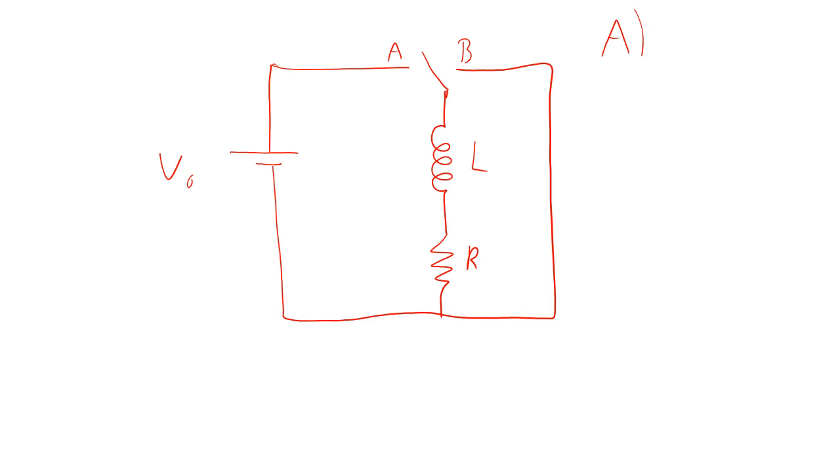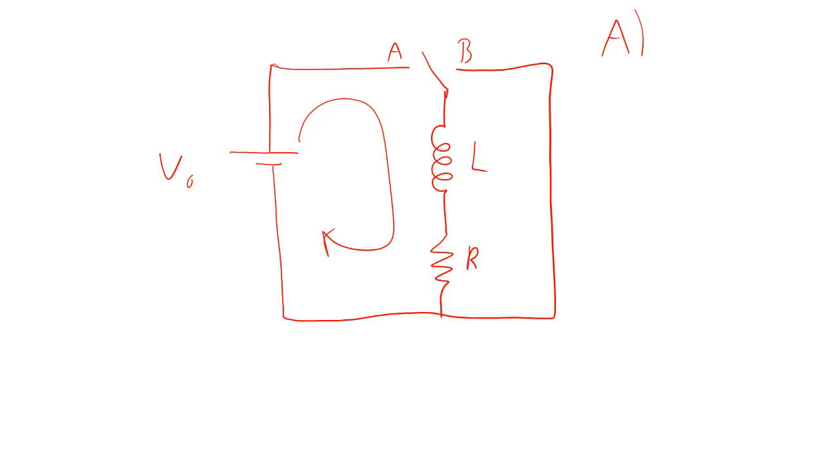We'll explain what happens in a moment, but we're going to start off saying that it's been in this position for a long time. So current is going to want to go this way. We know the inductor resists change, but after a long time we're in a steady state condition. So we're in equilibrium, and it's no longer resisting.